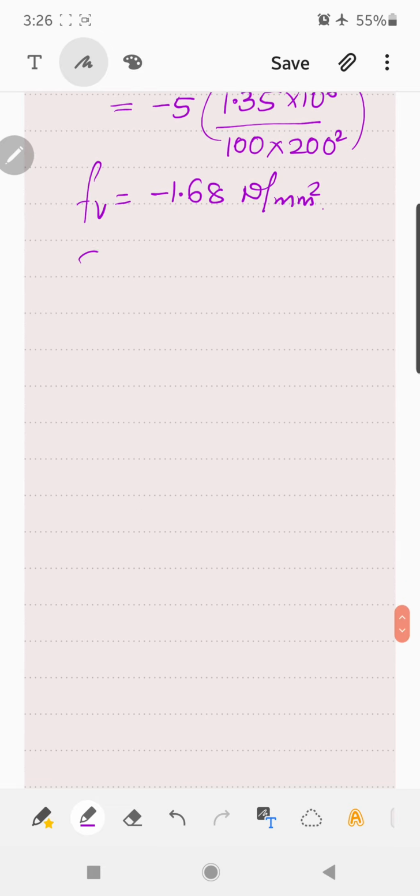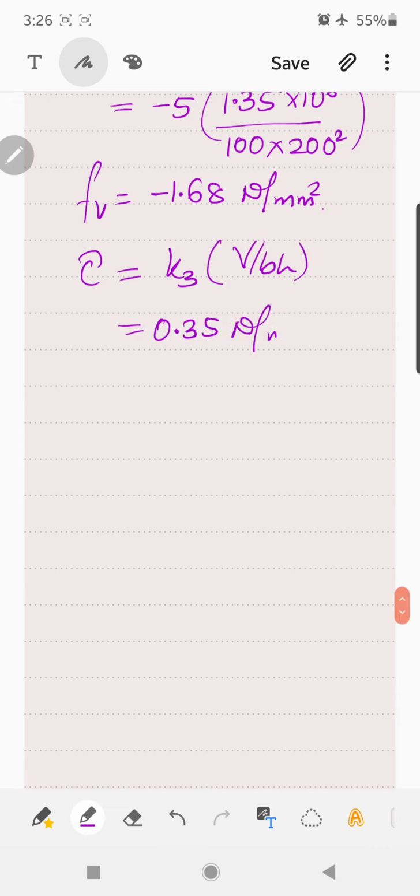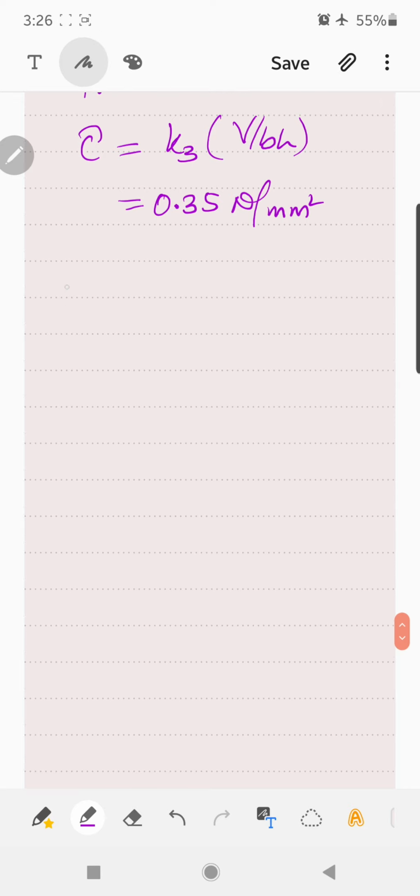Now calculate tau, the shear stress. Tau is equal to K3 into V by BH. Substituting the values, we get it as 0.35 Newton per mm square. Now substituting these FH, Fv and tau in the principal stress equation, we get F minimum.